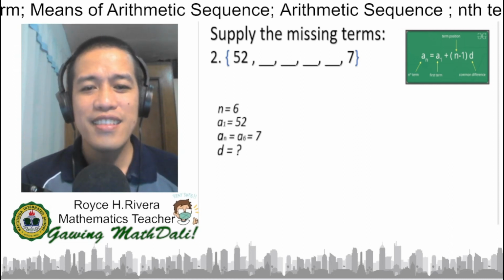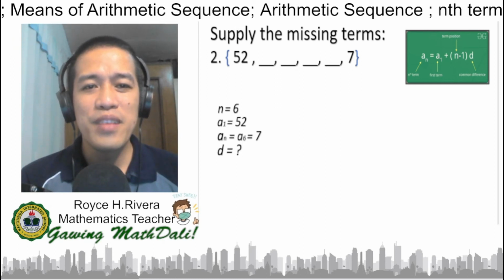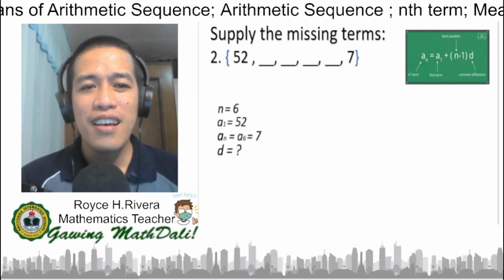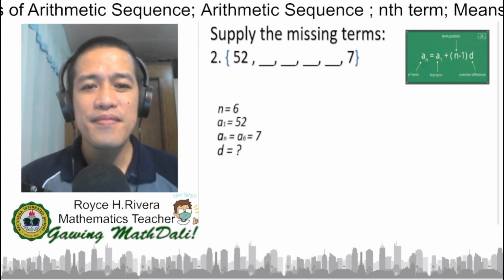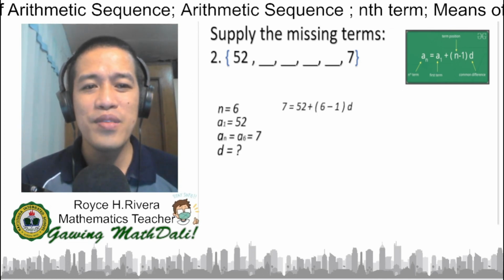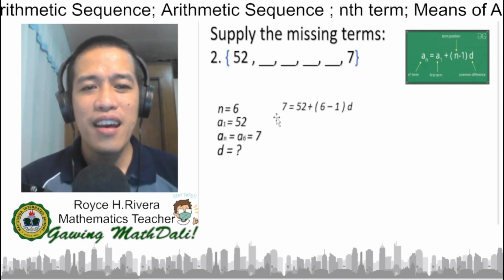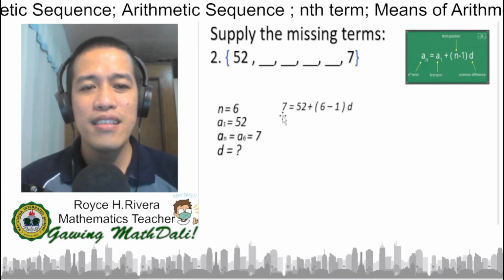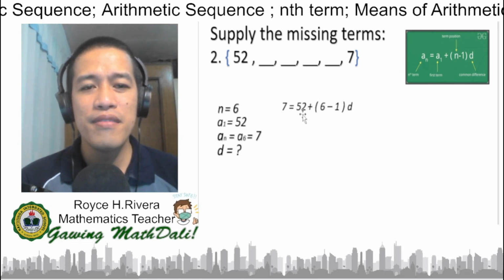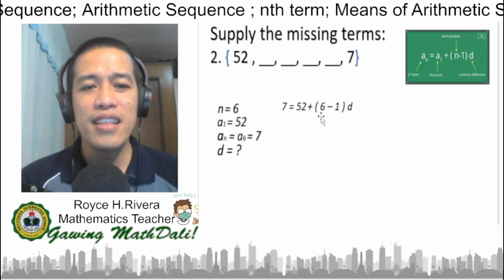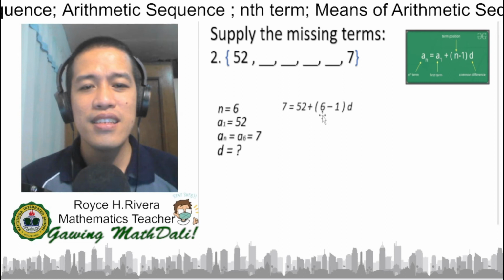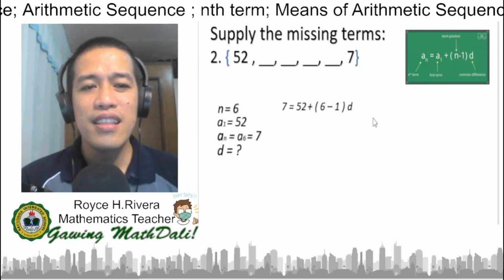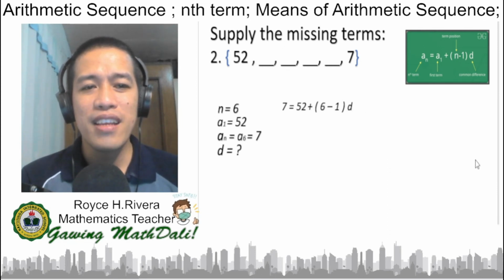Simulan na natin. Hanapin natin ang value ng common difference para malagyan natin ng value ang mga arithmetic means. By substitution, we have a sub n, the last term a sub 6 is 7, equals the first term 52, plus the quantity term position is 6, minus the constant 1, times the common difference, which is unknown.